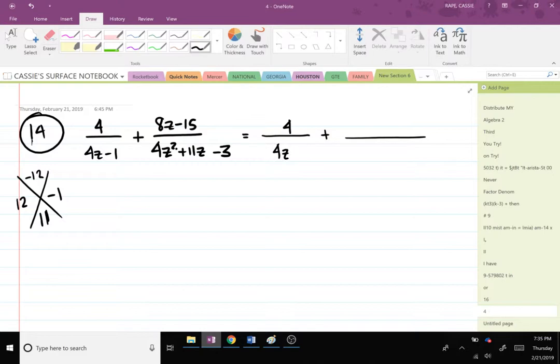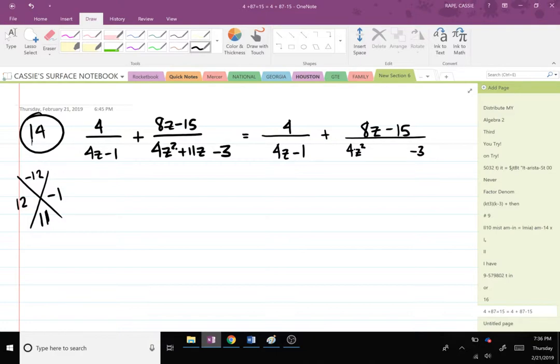So the left rational expression does not change. On the right, I ignore the numerator again, and I'm going to factor 4z squared plus 11z minus 3. Now, the way that I do this, and I recognize that this might be a little bit different from how you do this, to me this one makes sense more, but I go ahead and write 4z squared and minus 3.